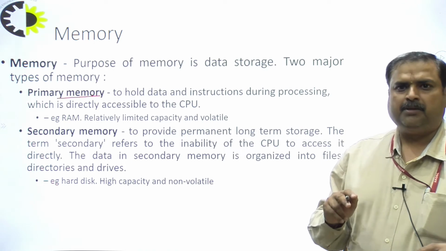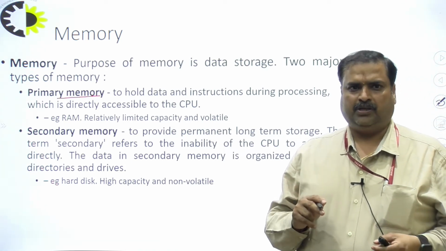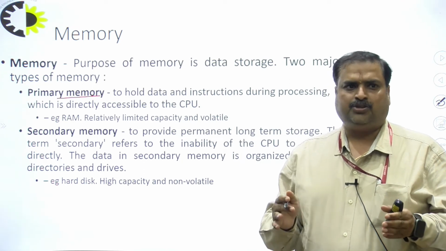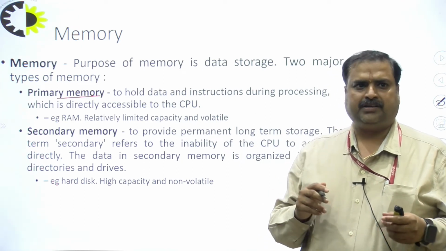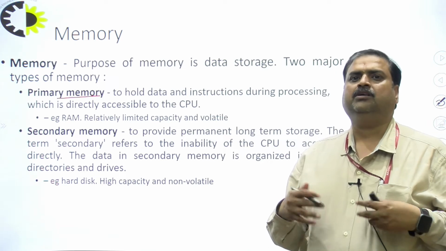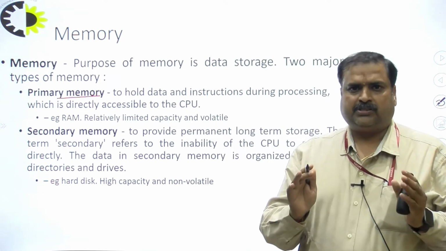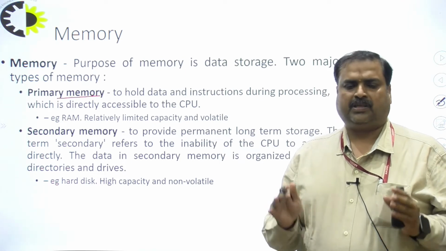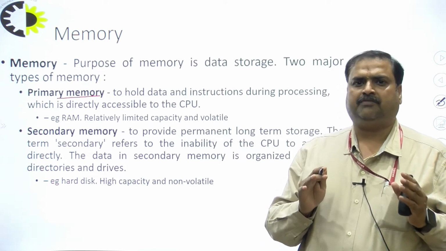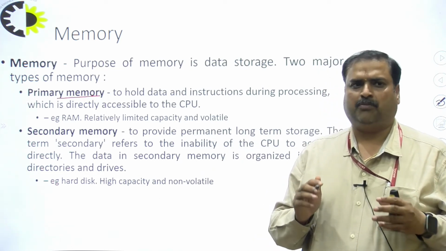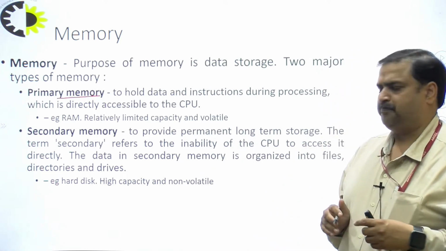The primary memory is the memory which holds instructions and data during processing, and it is directly accessible to the central processing unit. The processor of a computer system can directly communicate with the primary memory only. That's why we call this memory primary memory.